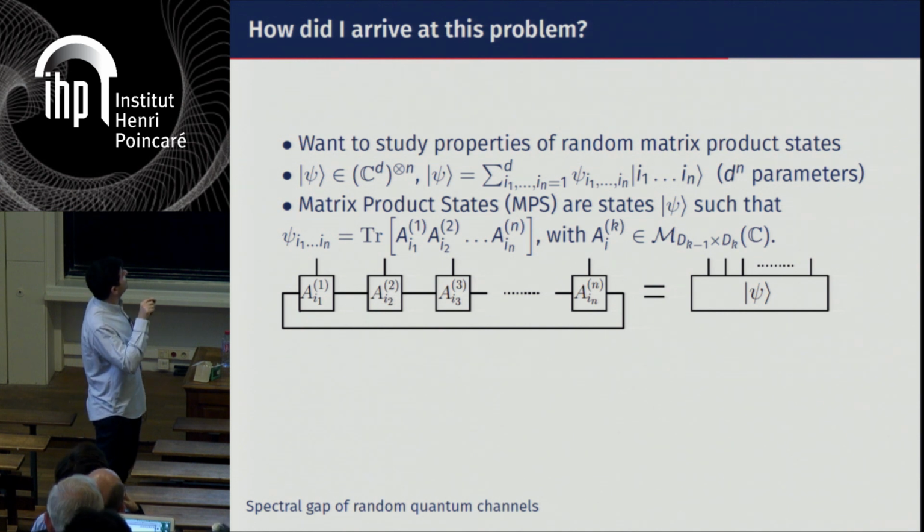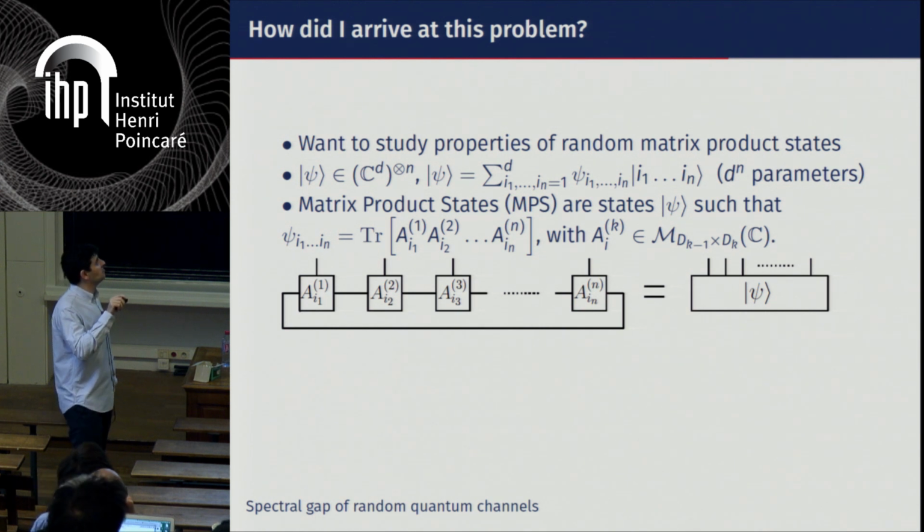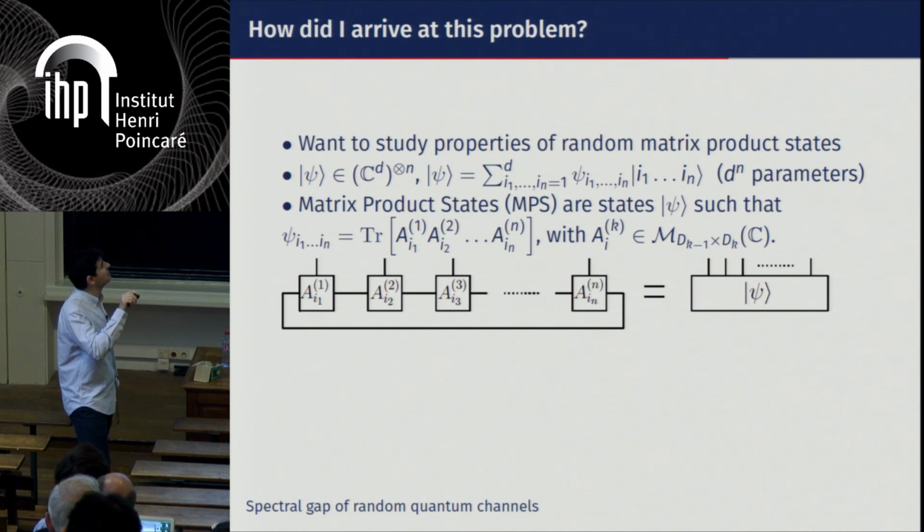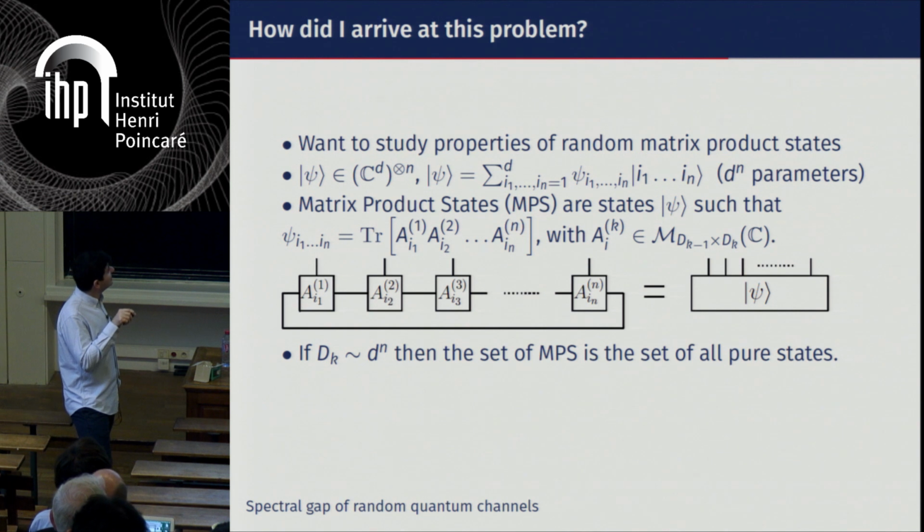If these matrices have dimension d_{k-1} times d_k, and this number is bounded, then the total number of coefficients is n times the maximum of these numbers, D squared. If D squared is small compared with d to the n, then this is not the whole set of states. But if we take D growing as d to the n, then the set of matrix product states is exactly the whole set of states.